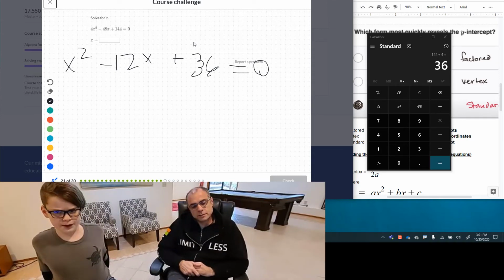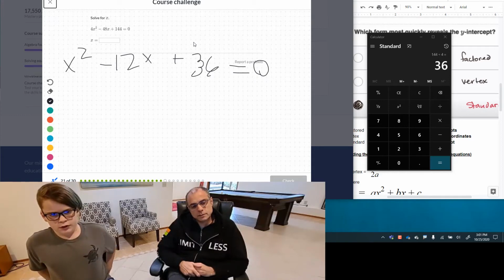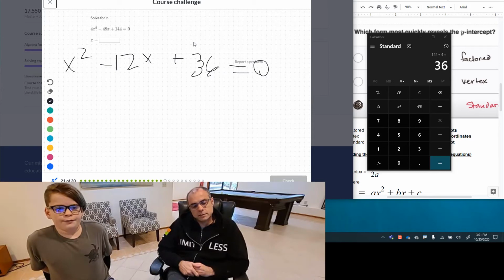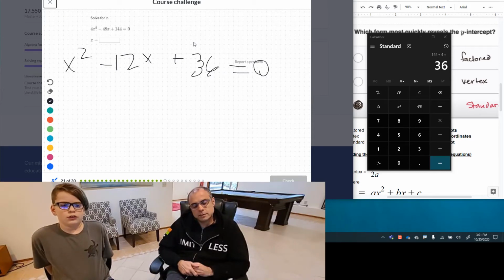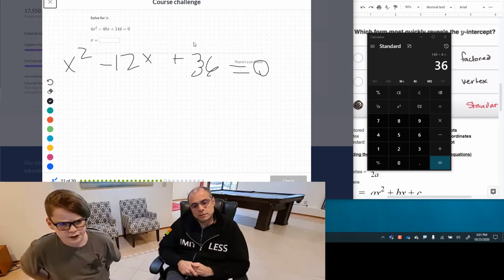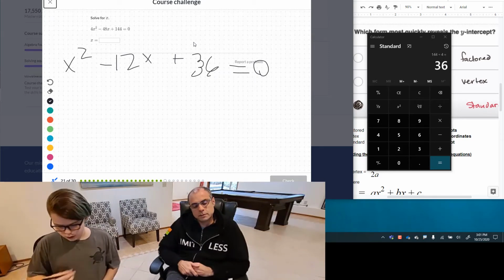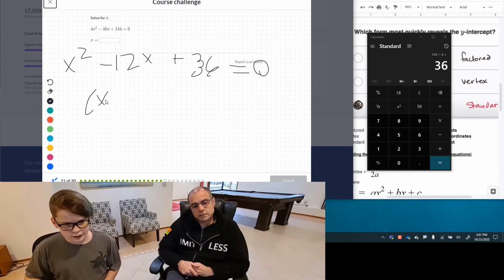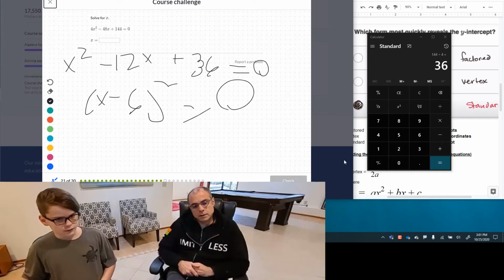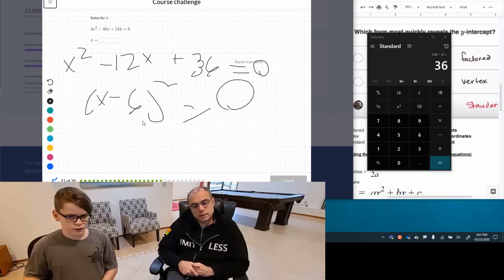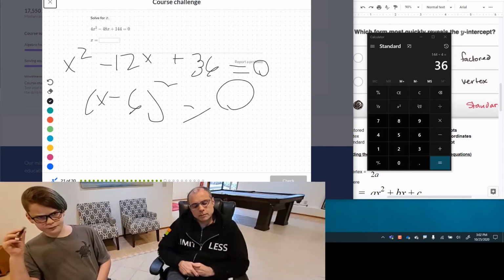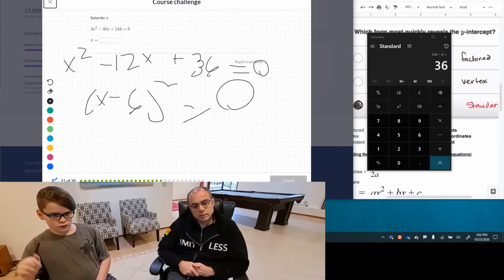So that would be negative 6 and negative 6, and that would just equal x minus x squared. So what's the answer? So the answer is 6.